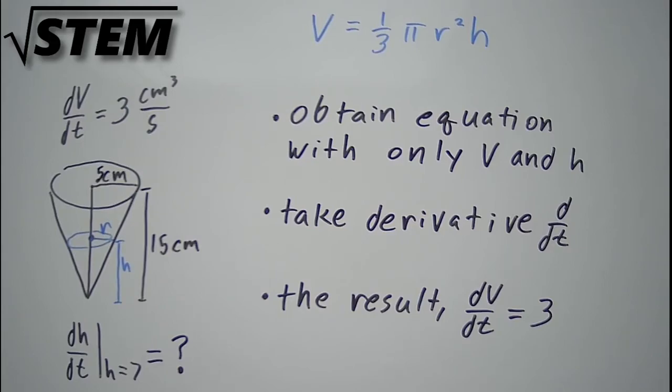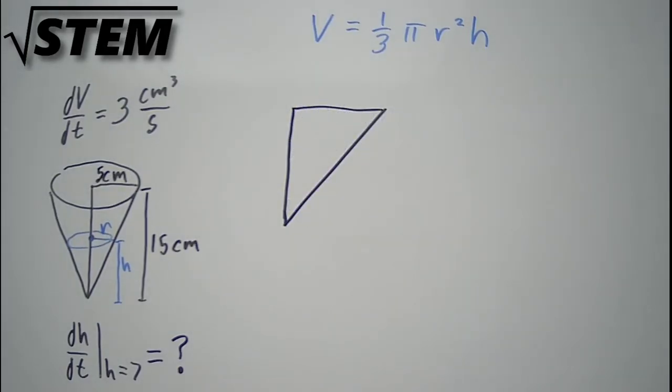Notice that from our cones, we can cut out a right triangle. From the larger cone, we'll get a right triangle with side lengths of 15 and 5, and from the smaller water cone, we'll get a right triangle with side lengths of h and r.